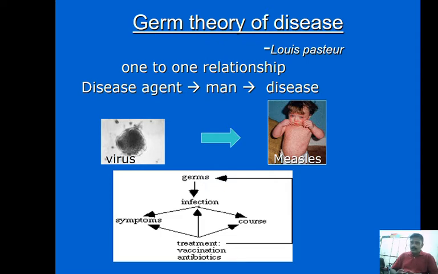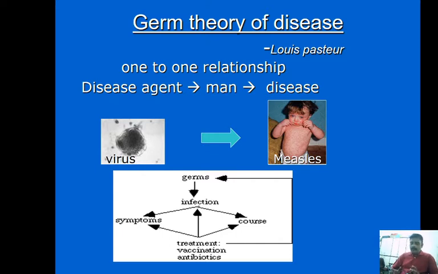So you basically have germs which cause infection. Infection causes symptoms, and it also determines the course of the disease. Then there might be treatment, vaccination, or antibiotics, where the person recovers, but might then get germs again and get infected, or he might not get treated, or the vaccination or antibiotics don't work, so the infection continues.